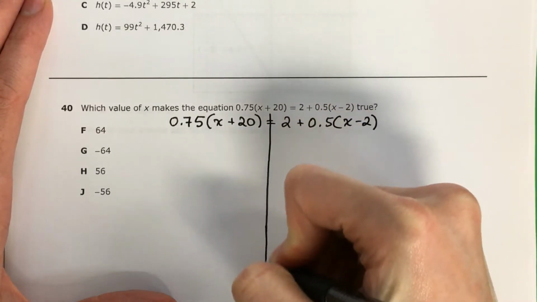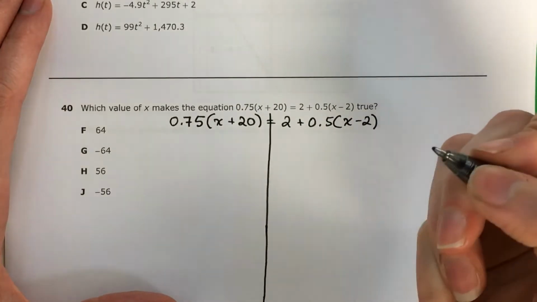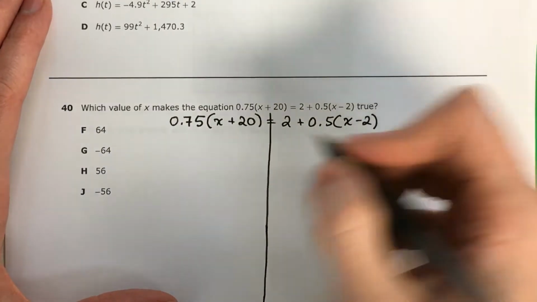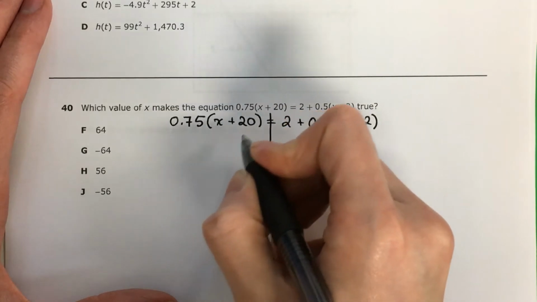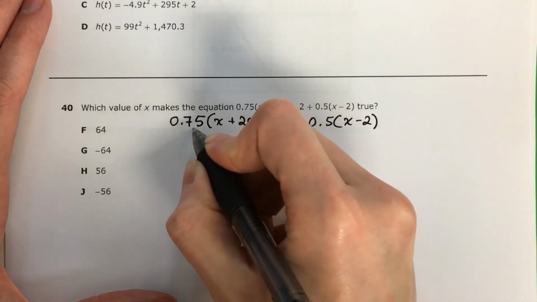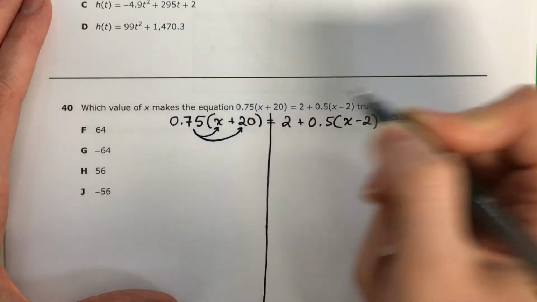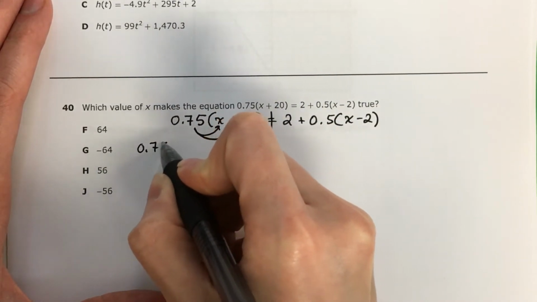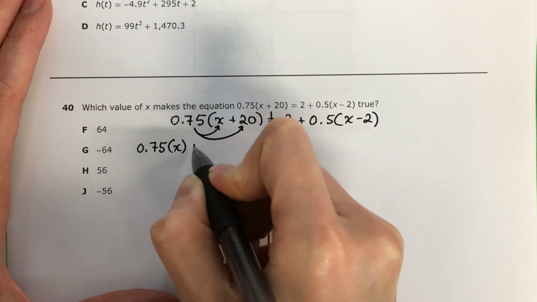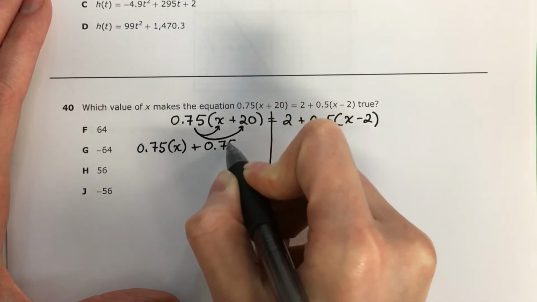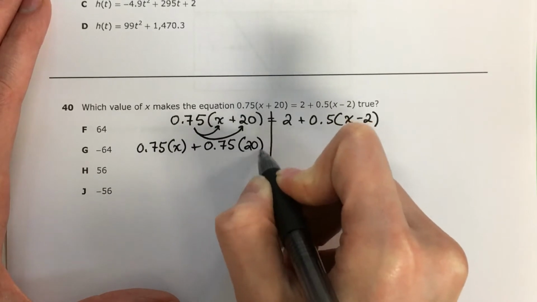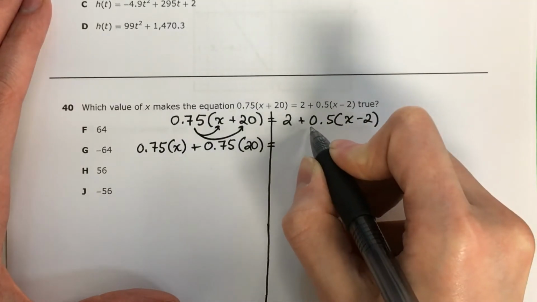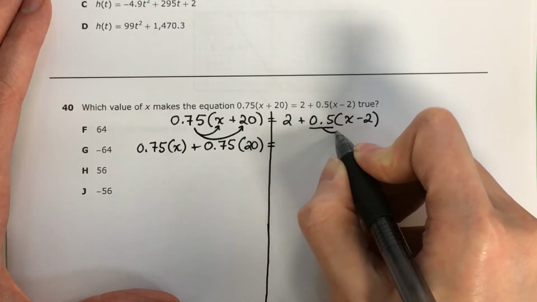We're going to draw a line on the equal sign. First is the parentheses, so we have to do the distributive property or the arrows. So I'm going to do 0.75 times x and 0.75 times 20. So let's do 0.75 times x plus 0.75 times 20 equals, the number in front of the parentheses here is 0.5.